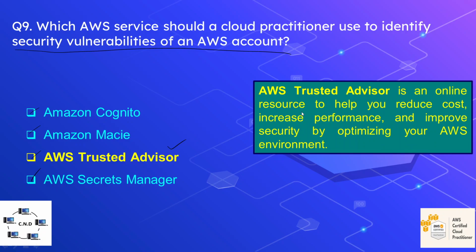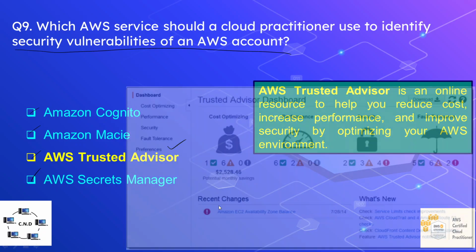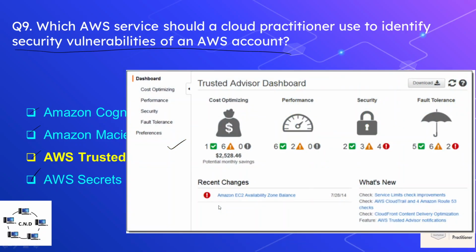It is an online resource to help you reduce cost, increase performance, and improve security by optimizing your AWS environment. And this is basically a dashboard of AWS Trusted Advisor. Here we can see that it helps in cost optimization, performance, security, as well as fault tolerance.